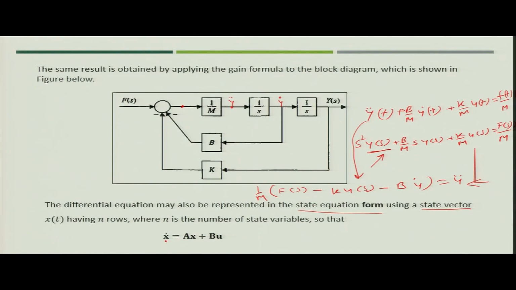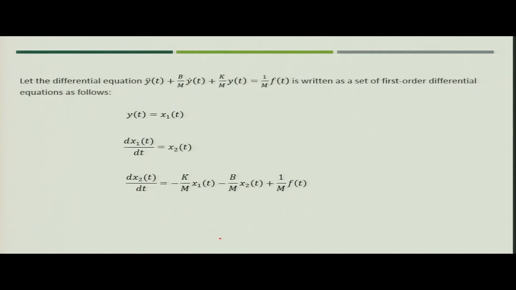So, let us say that the state equation is x dot is equal to A x plus B u, and your equation is y double dot plus b by m y dot plus k by m y is equal to 1 by m f. Now, what you have to do? You have to define the state variables.